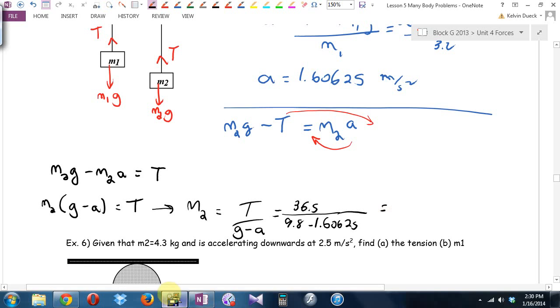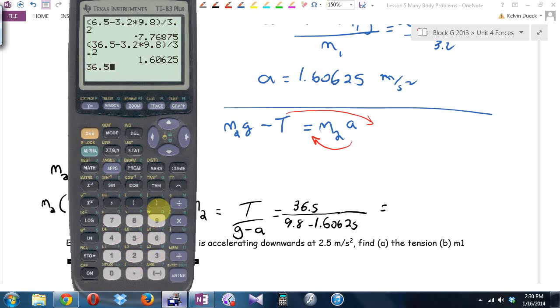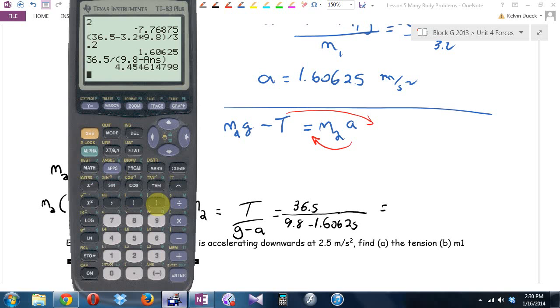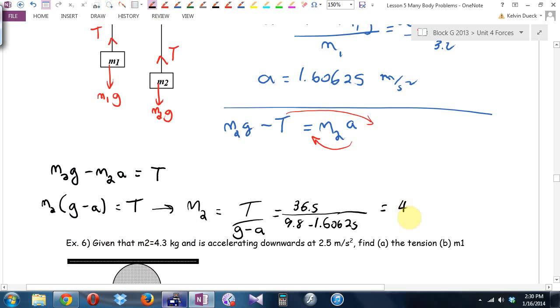Brackets. So it's going to look like this: 36.5 divided by bracket, 9.8 minus, and I can tell you what the math needs to be. 4.45. 4.45 what? It's a mass, kilograms.